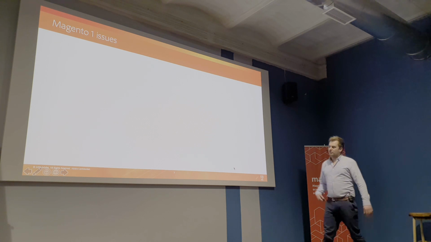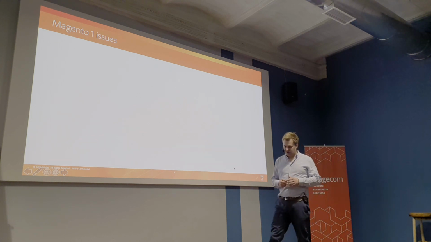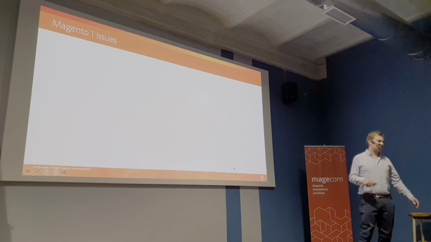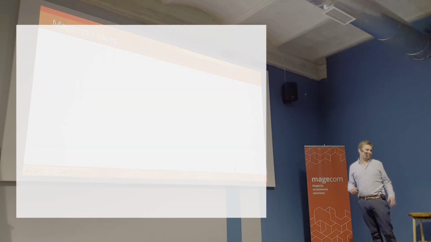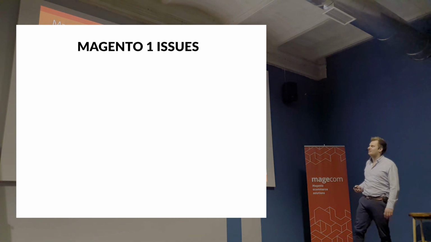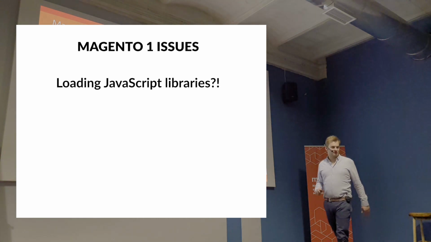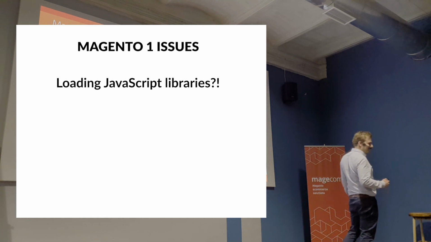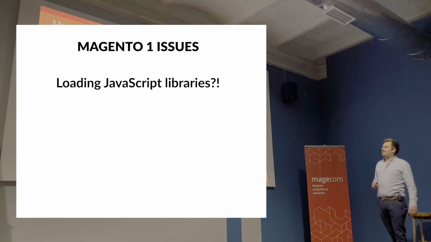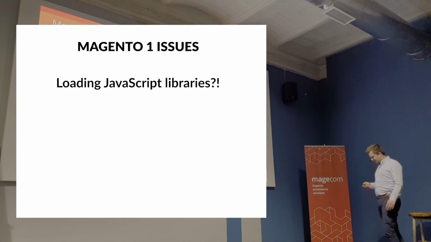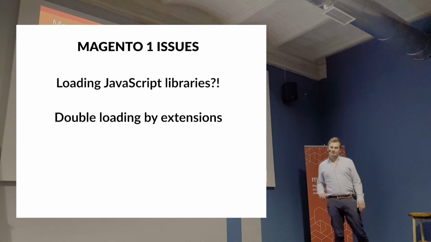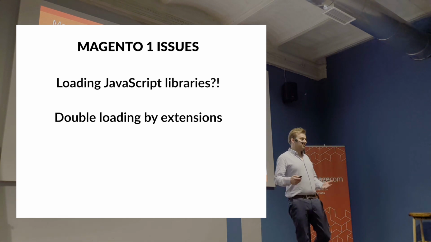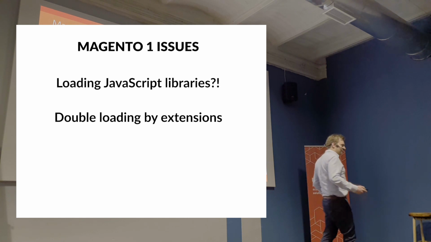So if we go to JavaScript issues and loading of JavaScript, first we need to go back to Magento 1. In Magento 1 we had some issues with JavaScript. I think everybody is familiar with them. First of all is loading JavaScript libraries. It came with the wonderful thing called prototype, which everybody really loved, and everybody tried to install jQuery. Then if you install an extension, for instance from MST, it also comes with jQuery, and now magically you have 2 times jQuery.